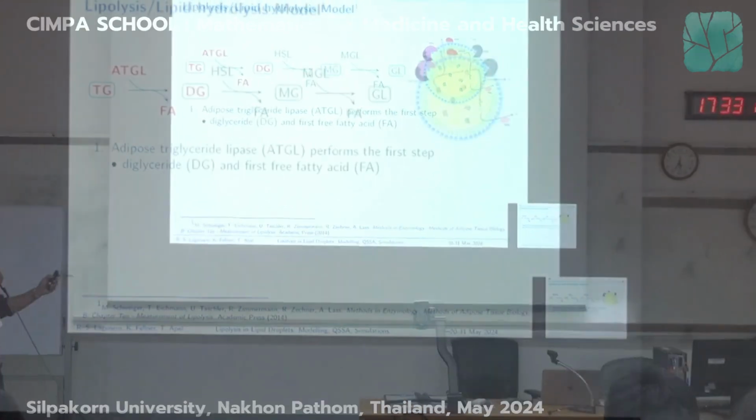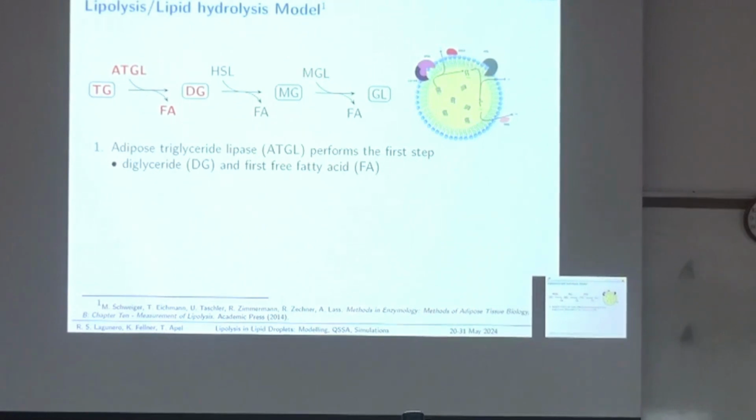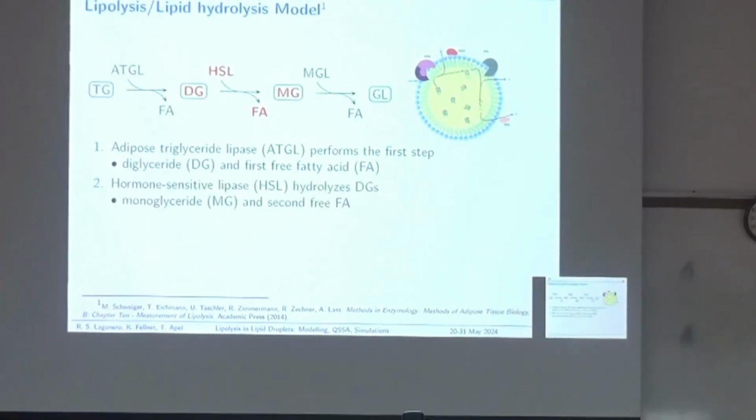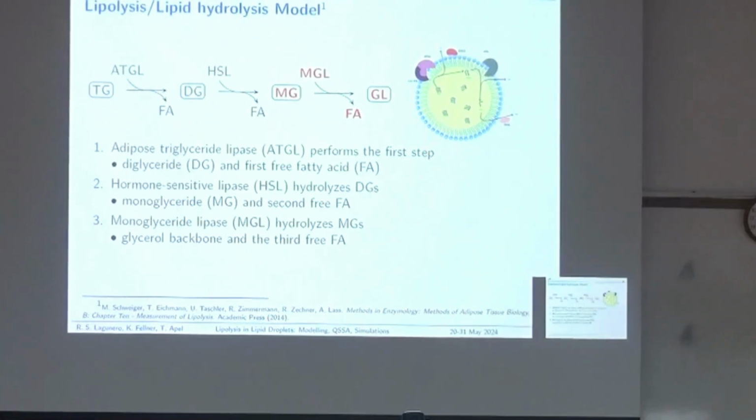The breakdown of TGs produces one molecule of diglyceride and the first free fatty acid. Then another enzyme, which preferentially degrades these DGs, produces the monoglycerol and the second free fatty acid. Finally, the third enzyme, MGL, monoglyceride lipase, hydrolyzes the MGs, producing the third free fatty acid and the fundamental backbone glycerol.